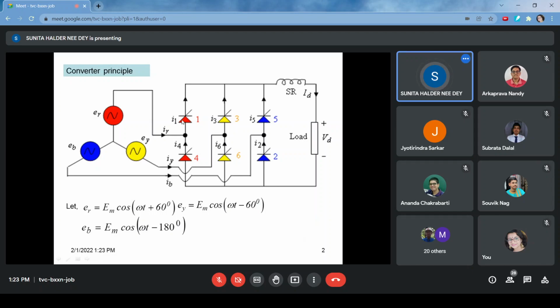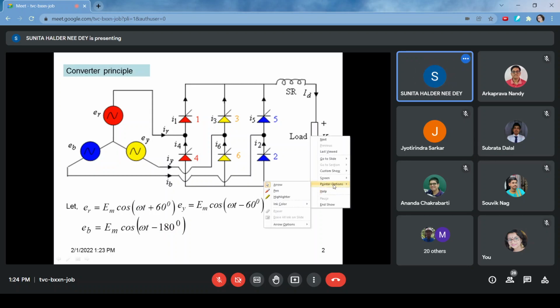Based on which the selection will be made, obviously among these three phases R, Y and B, the most positive phase will make that thyristor switch on, obviously when the gate signal is present, and the remaining two thyristors will automatically be commutated. So the most positive phase will come to the positive side of the load.